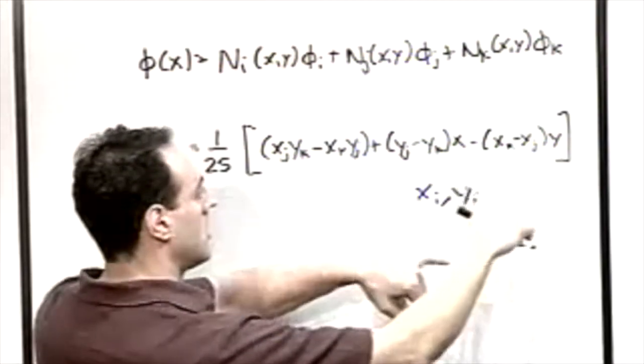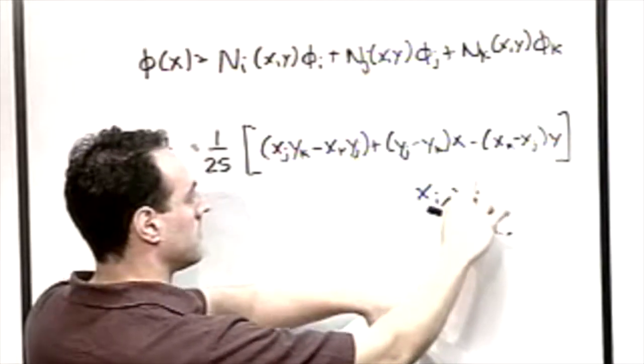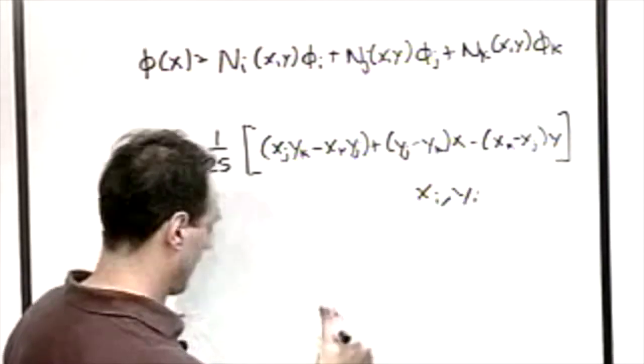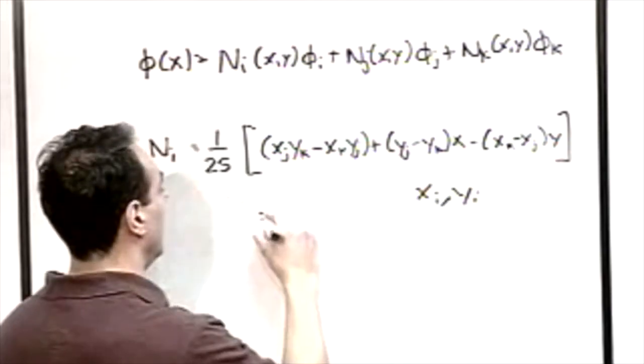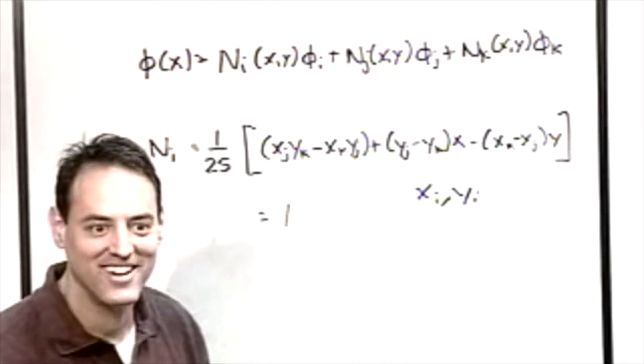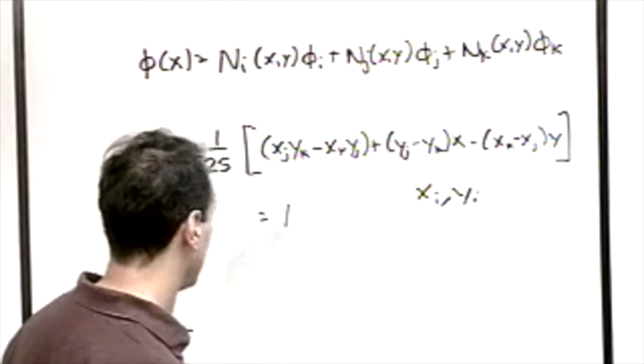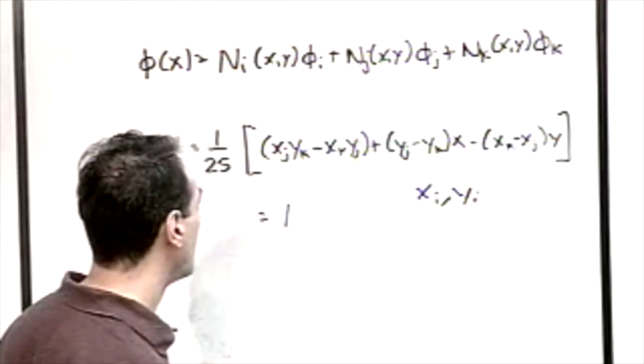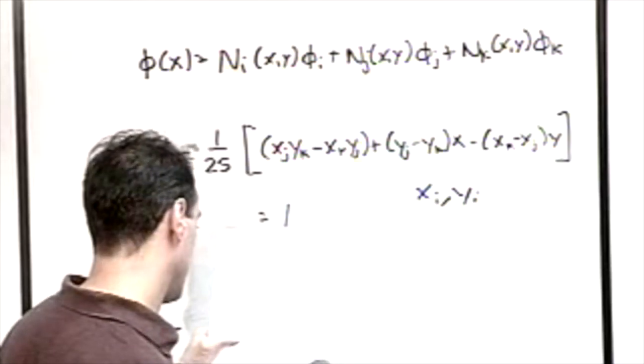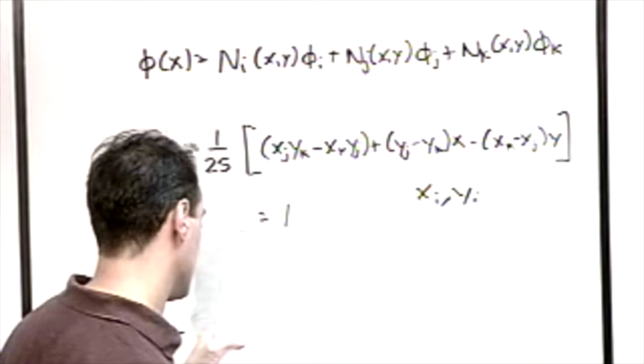So if you notice here, it becomes 1, if you go through this whole calculation and do it all out. Unless I wrote this down wrong, but I don't think I wrote it down wrong.